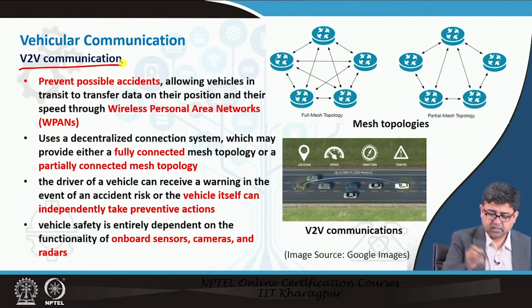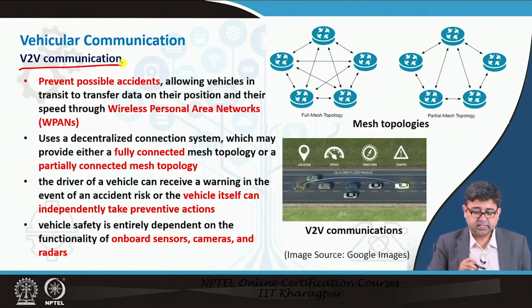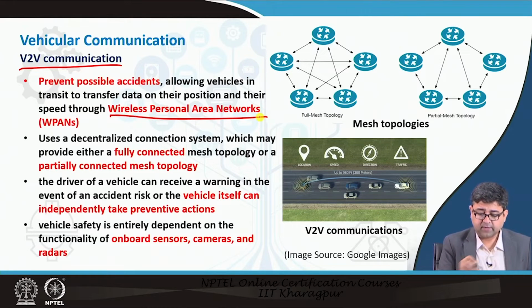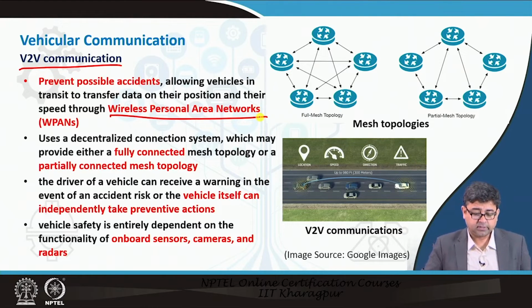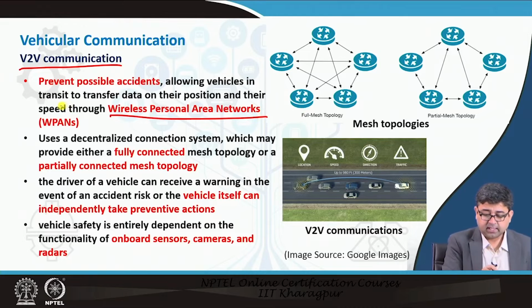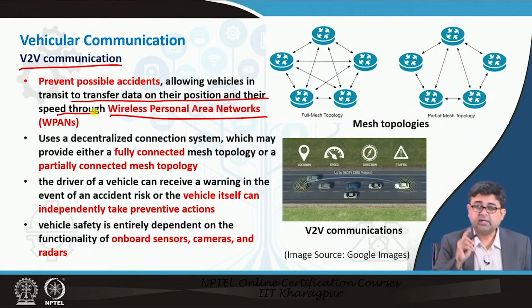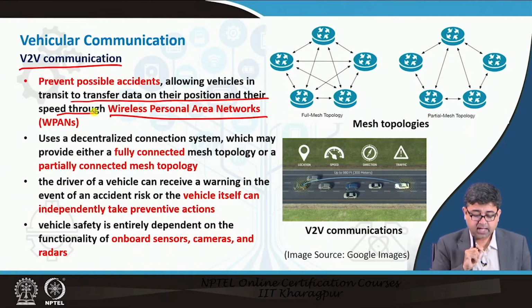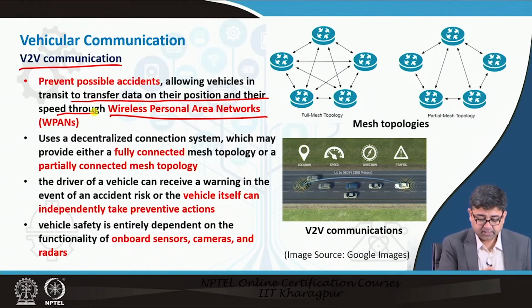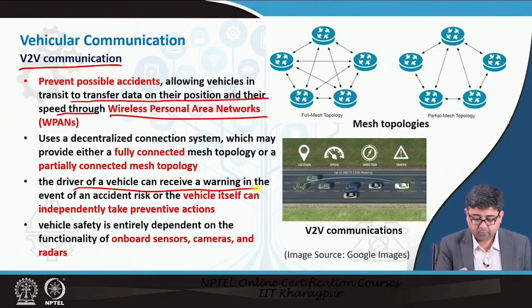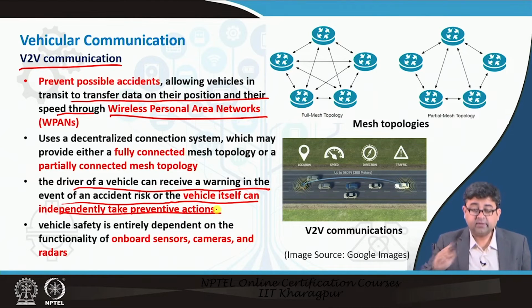So, when we talk about vehicle to vehicle communication, it is usually happening through wireless networks, WPA networks, right, allowing vehicles in transit to transfer data on their position and their speed, right. Position and speed, these are the two data points that vehicles communicate. What happens is that, for example, a driver of a vehicle can receive a warning in the event of an accident risk, or the vehicle itself can independently take preventive actions.